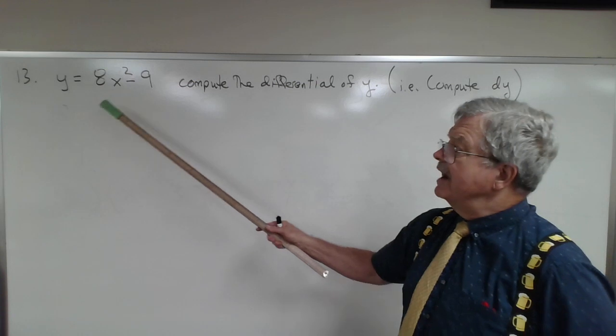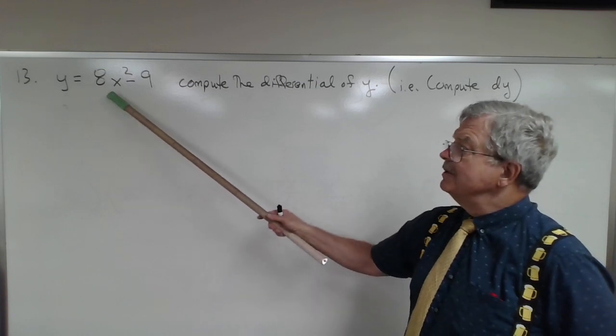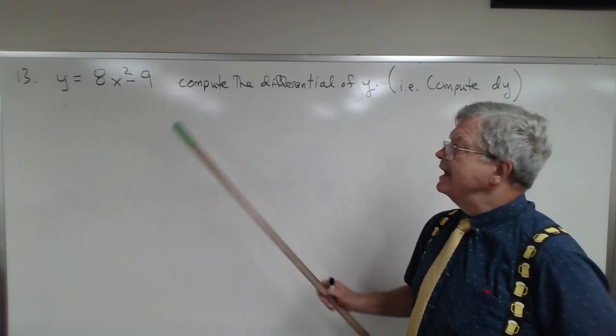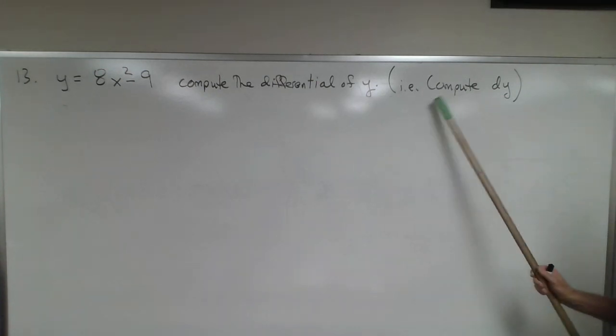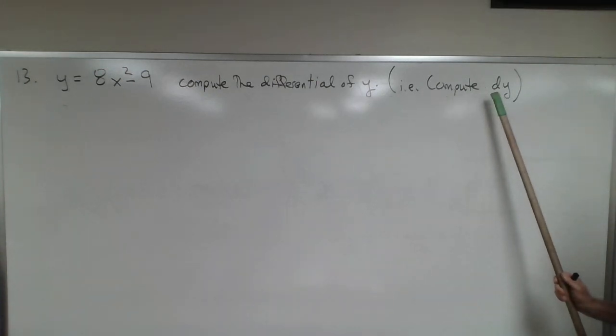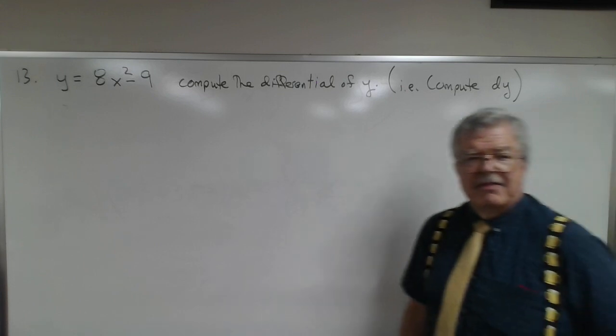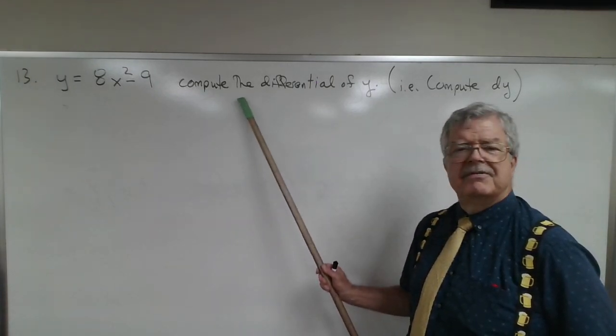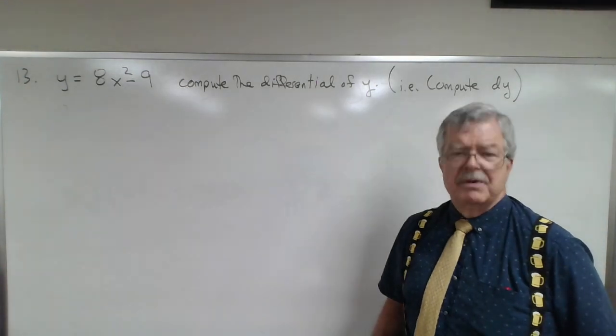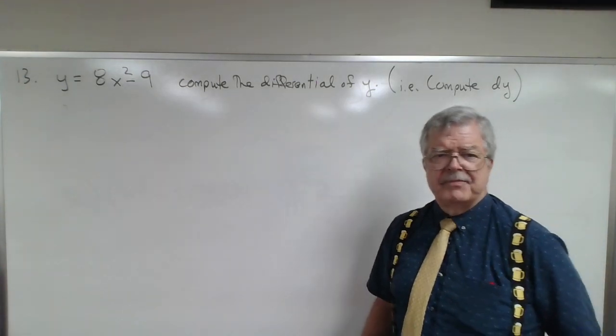Here's our exercise. Y equals 8x squared minus 9. Compute the differential of y. That is, compute dy. Now, there is a theoretical aspect to computing differentials. We don't care about that right now.